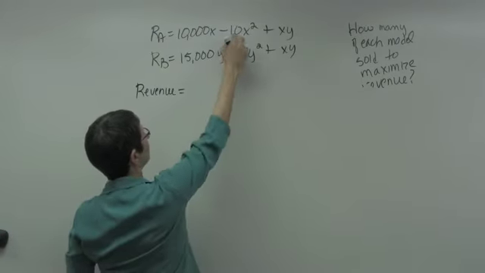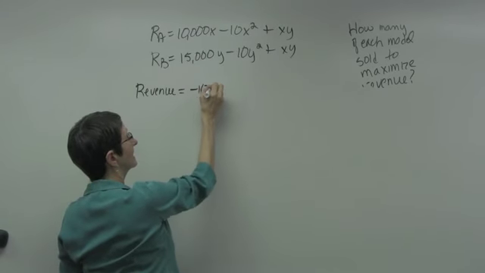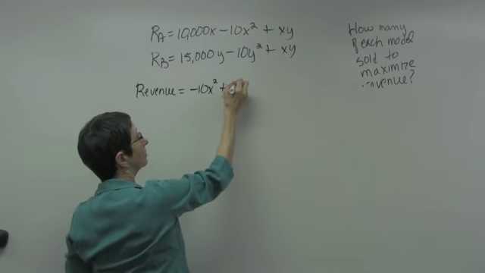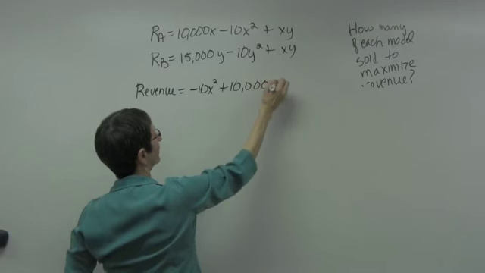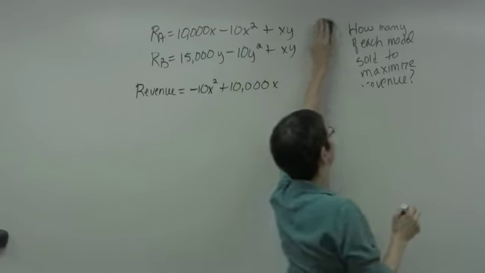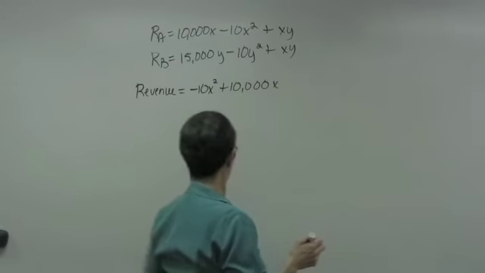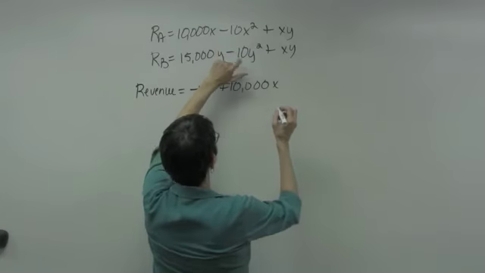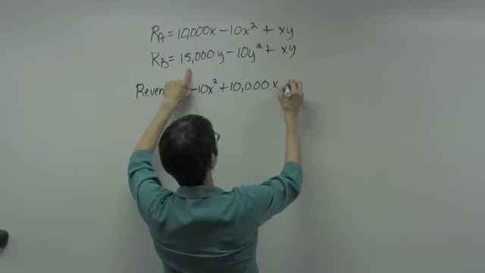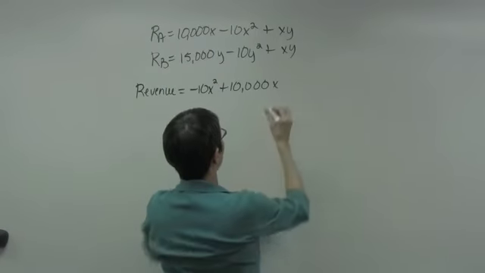So let me start off with my X terms. Negative 10X squared plus 10,000X. Okay, I'll put these in order of exponents. Plus, I'm going to do the Y again.